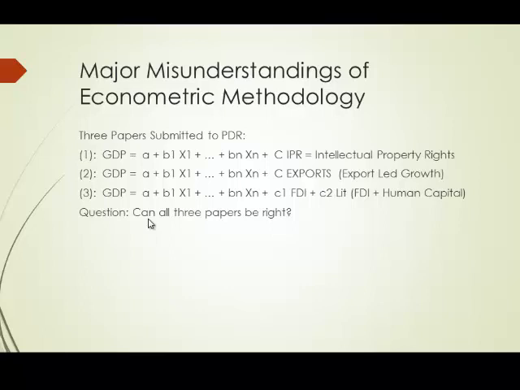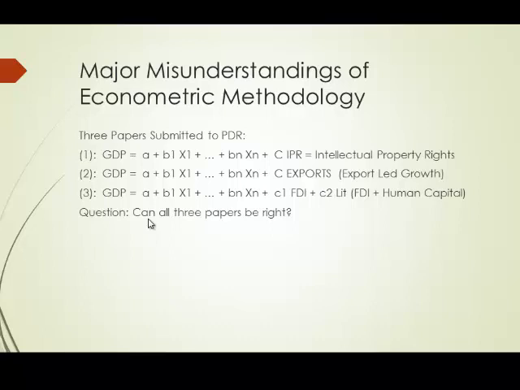And there is a third paper submitted to PDR which deals with FDI and human capital. So it has two variables. One is FDI, and there is literacy. Literacy is a proxy for human capital, and then it goes through the same analysis.